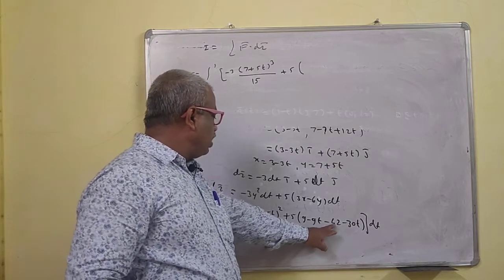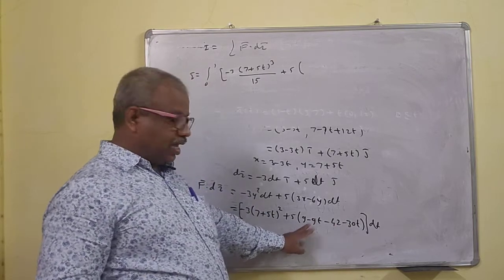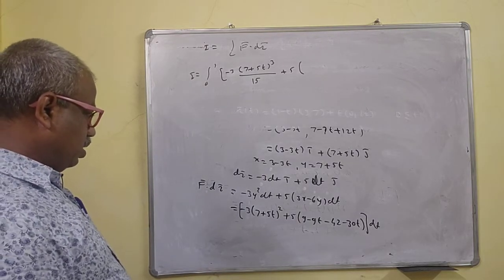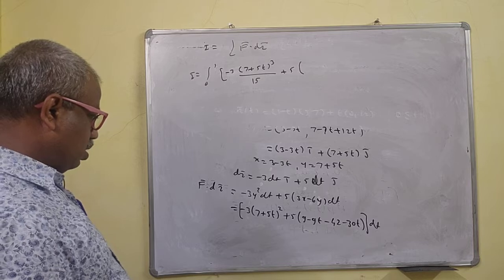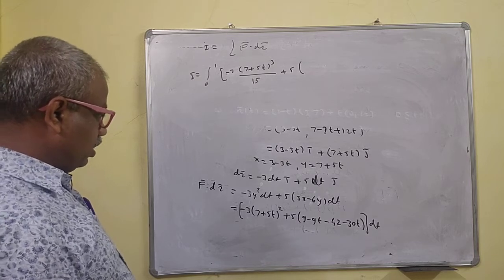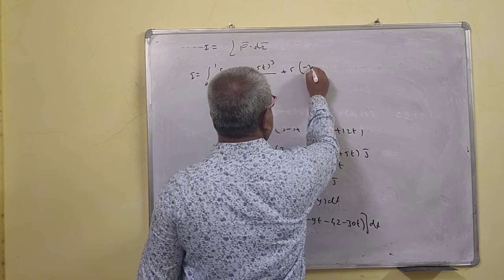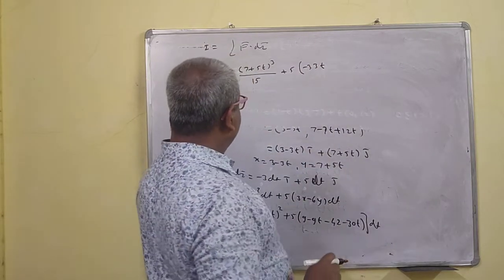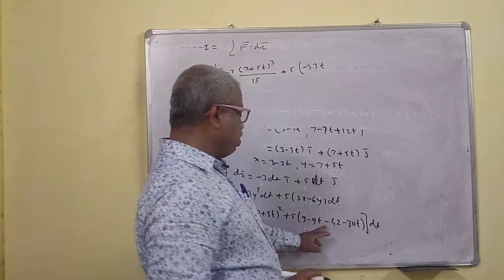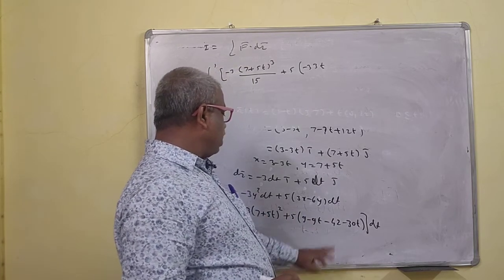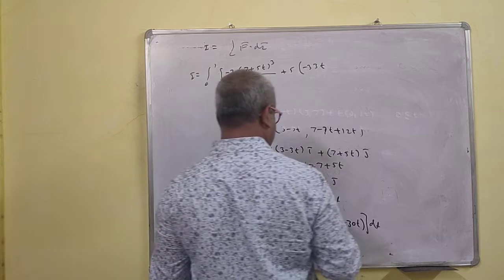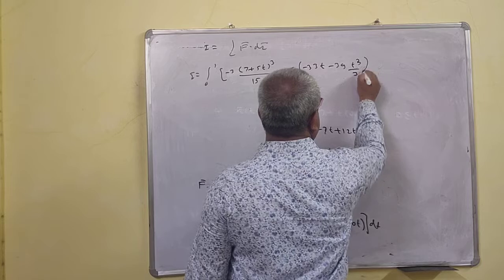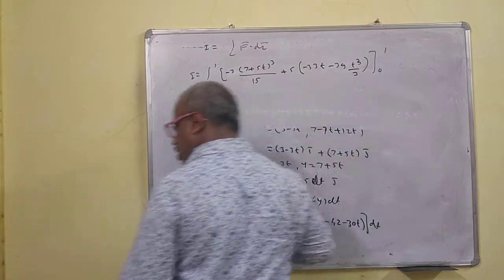This is minus 42 plus 9, which is minus 33. So minus 33t. You are integrating this. Now this is minus 39t square, so minus 39t cube upon 3, from 0 to 1.